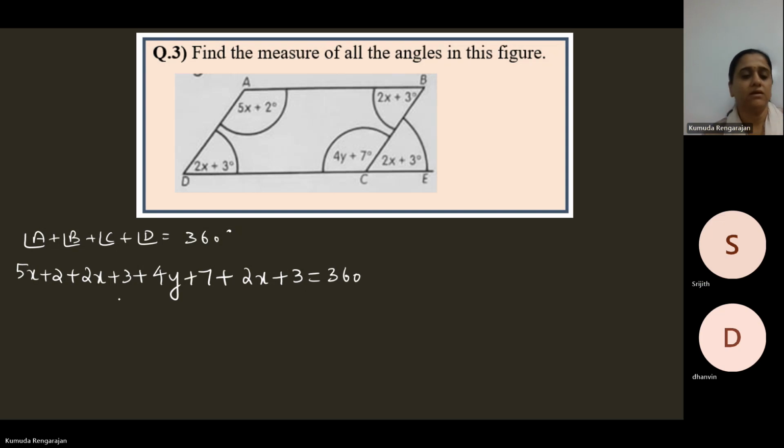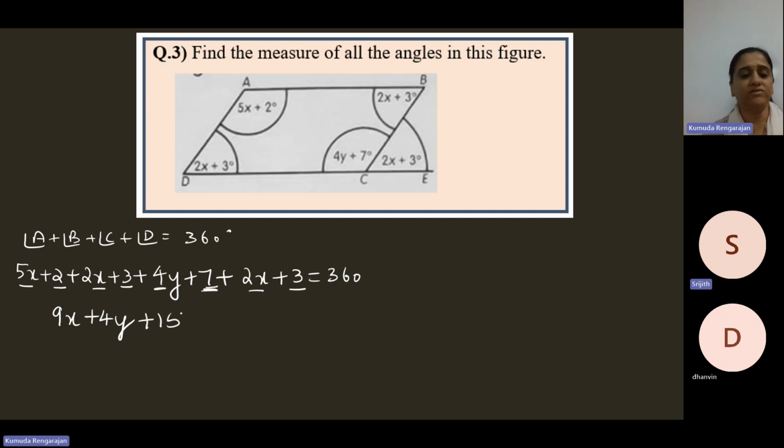Okay. Now what is 5x plus 2x? 7x, ma'am. 7x plus 2x? 9x. This plus 4y. Then add the numbers. What is 2 plus 3? 5. Plus 7? 12. 12 plus 3, 15.